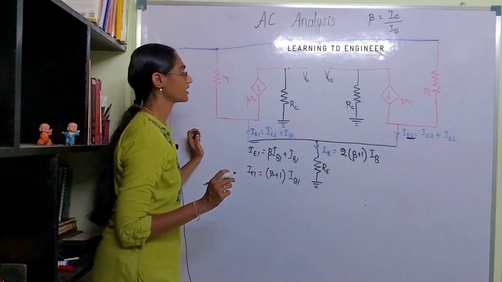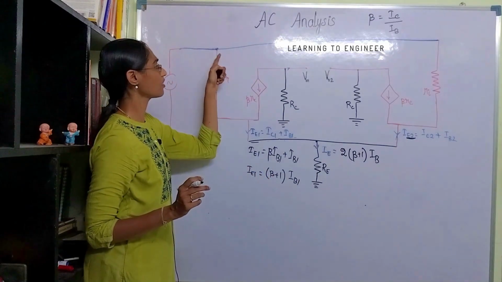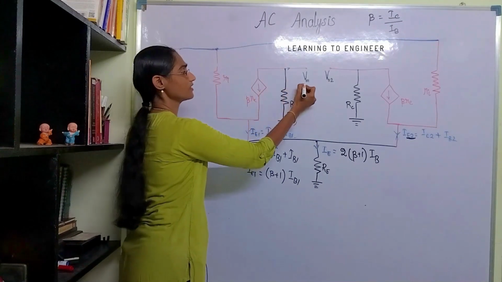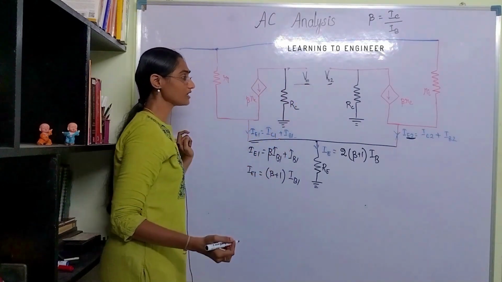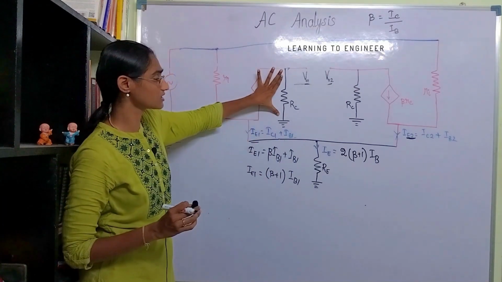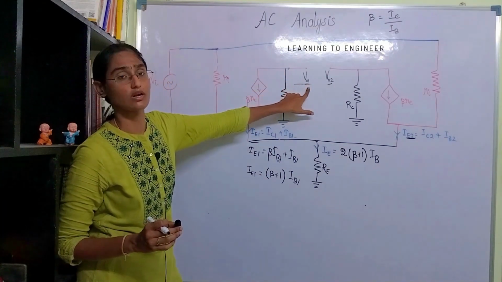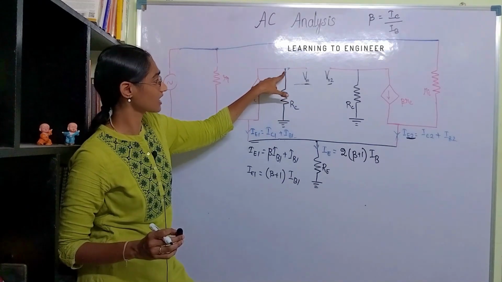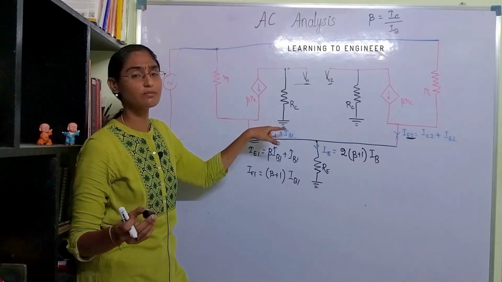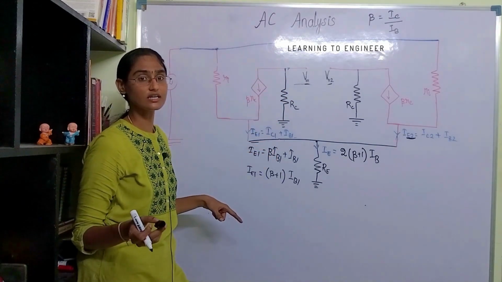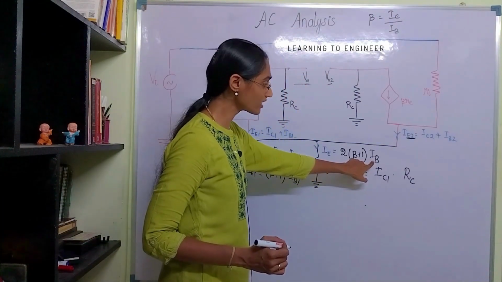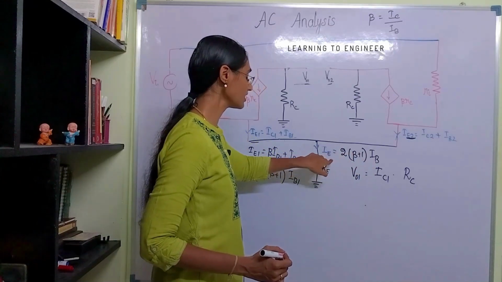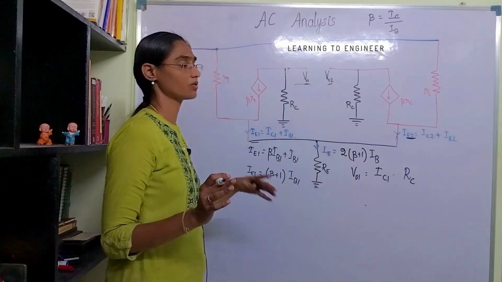So now let us find out the value of the common mode output VO1 and VO2, okay. So what is this? The voltage across this is VO1. What is this voltage? The collector's current multiplied by RC, right? We need to find out the value of IB. So when we find out IB, we can find out IE, and from this we can find out the value of output, okay.